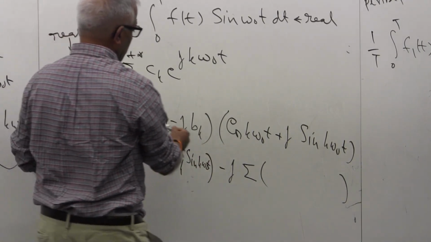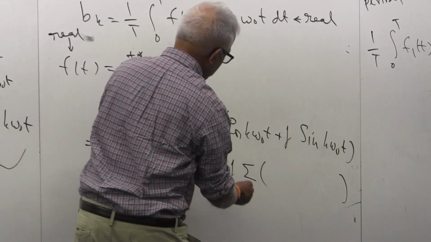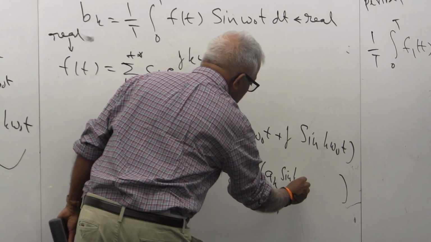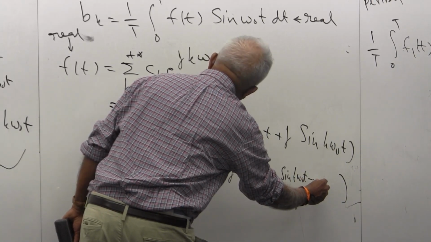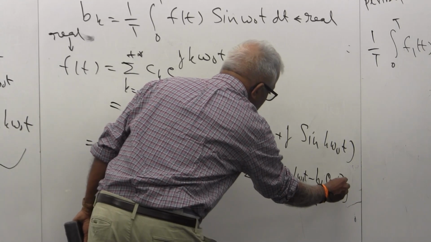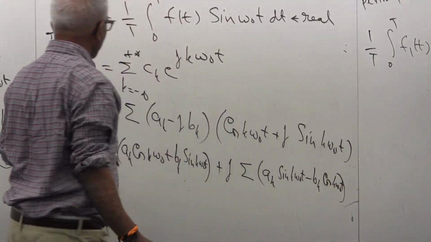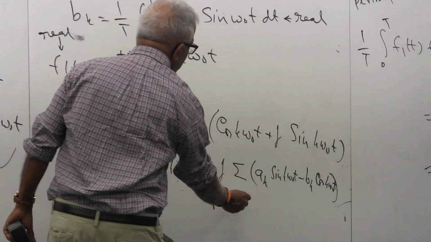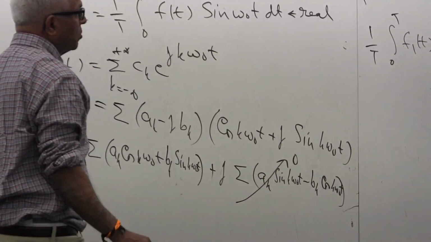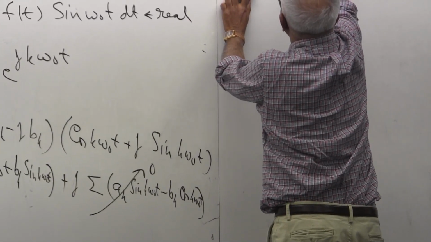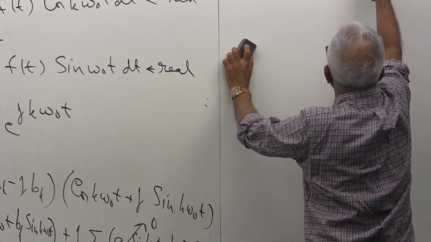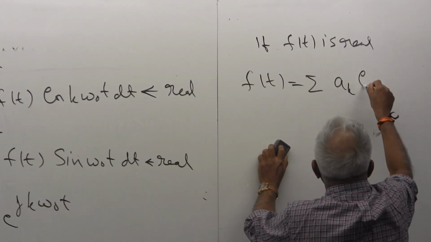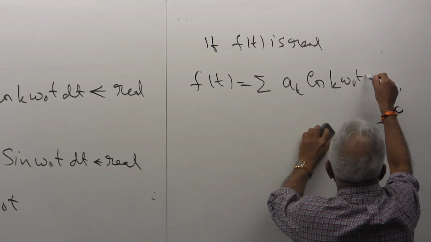That's the real part. The imaginary part will be Ak sin k omega naught t minus Bk cos k omega naught t. Look here, the left side is real. So what must this term be? 0. So we can conclude that the right side must be real, so all those imaginary terms have to go to 0. If f(t) is real, we have some simplification. f(t) can be written as the sum of Ak cos k omega naught t.